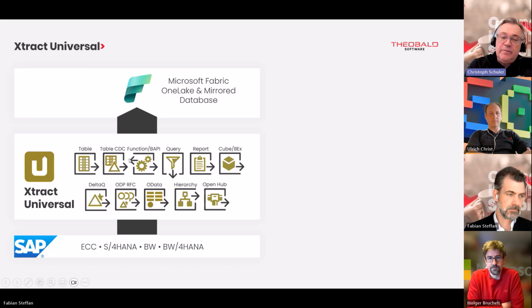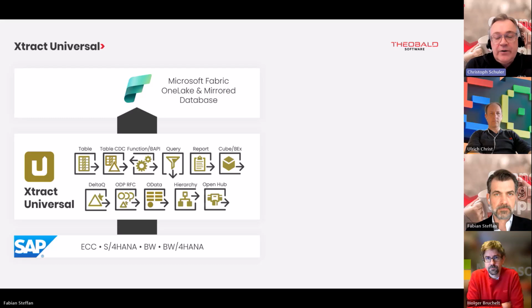This works really well now with the technology from Microsoft around database mirroring, where the changes are captured in SAP as they occur on a table basis. Then our tool does the job of replicating those changes into the Microsoft Fabric environment, into the landing area, where the data is then picked up and merged into an existing database.